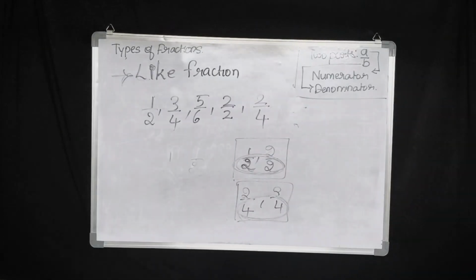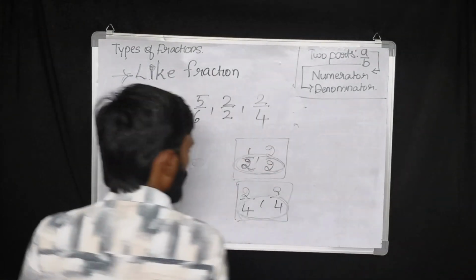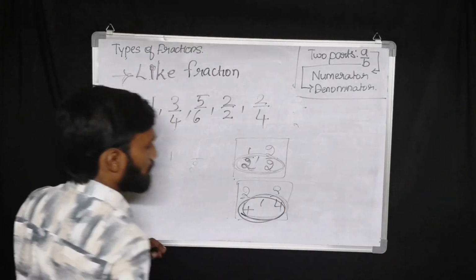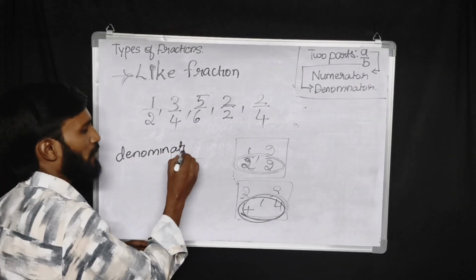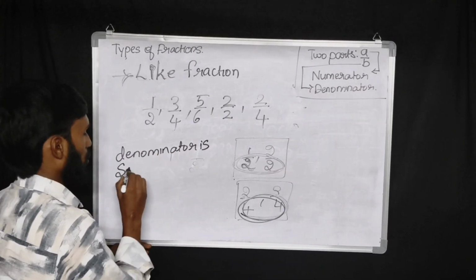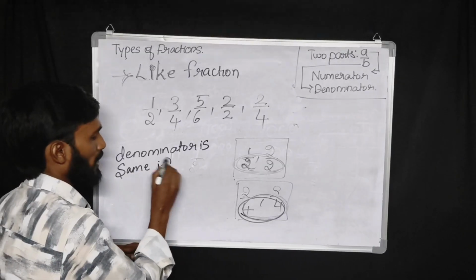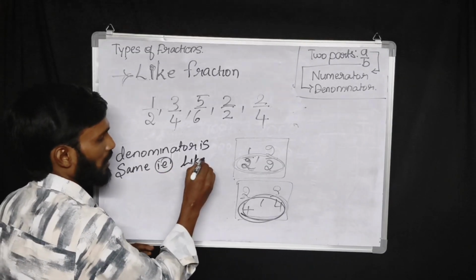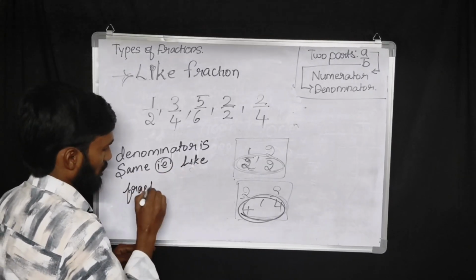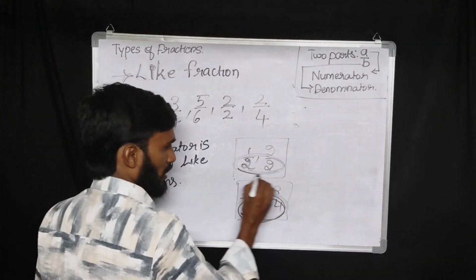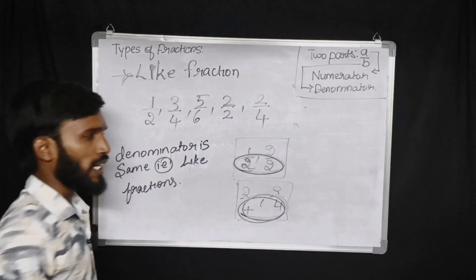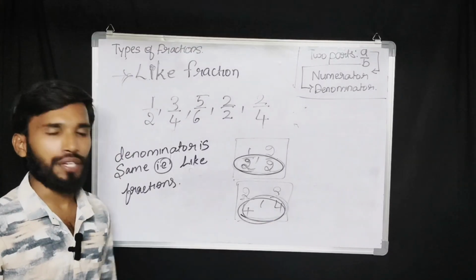So where in a fraction the denominator is same, that is like fractions. See here, in 1 by 2 and 2 by 2, both have the same denominator.